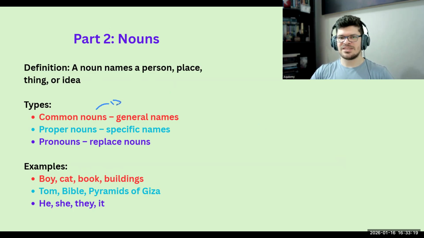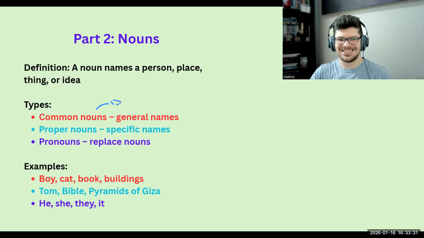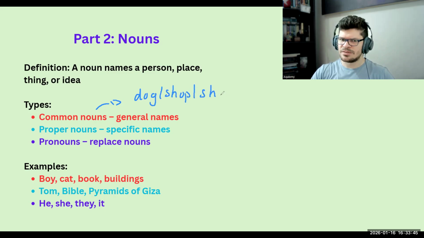Common nouns, this is the general understanding of things we see around. Pair of glasses, watch, hand, shirt, wall, books. These are general. And these common nouns, they start with a small letter. For example, dog, okay, maybe shop, maybe shoes.